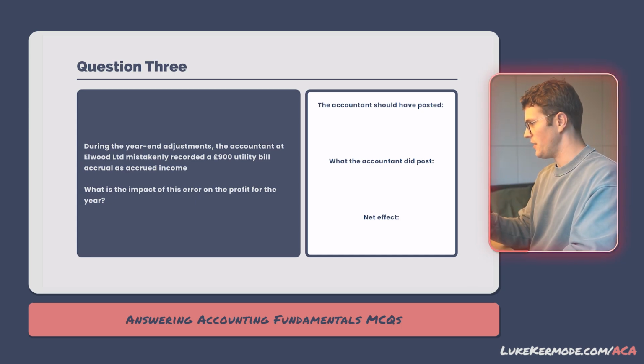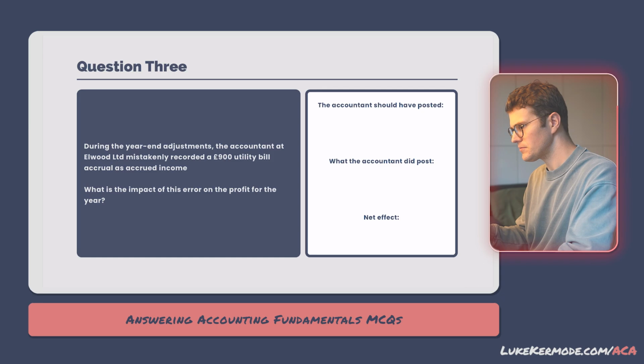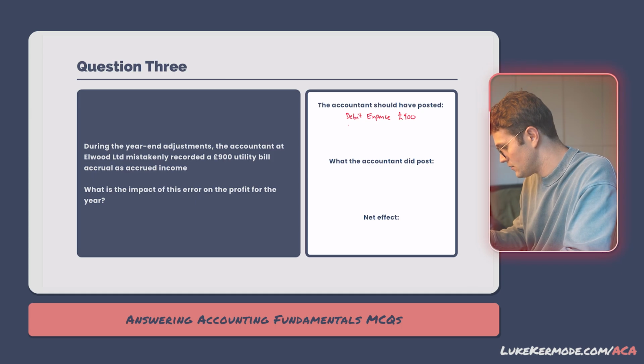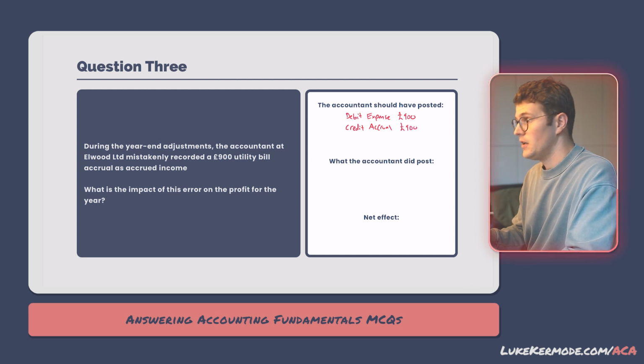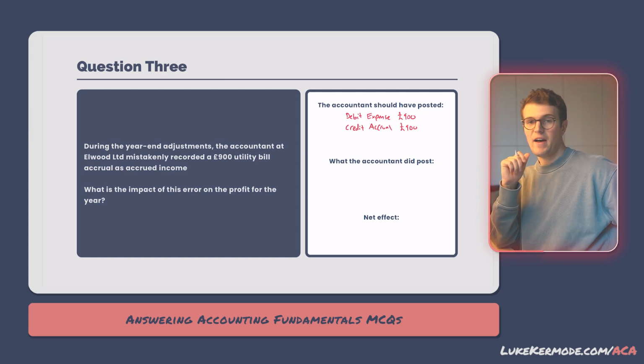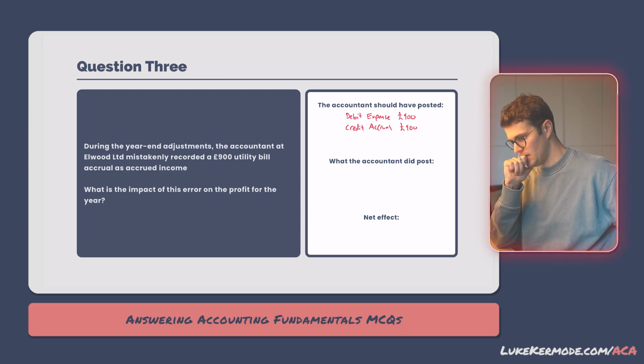So the journal entry that the accountant should have posted is debit expense £900, credit accrual £900.